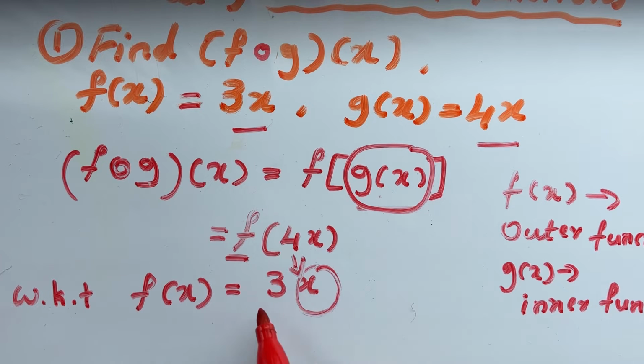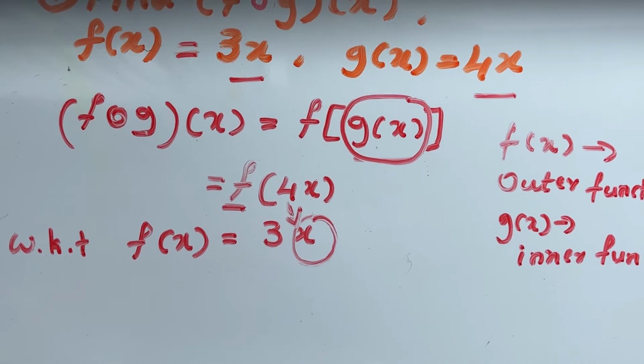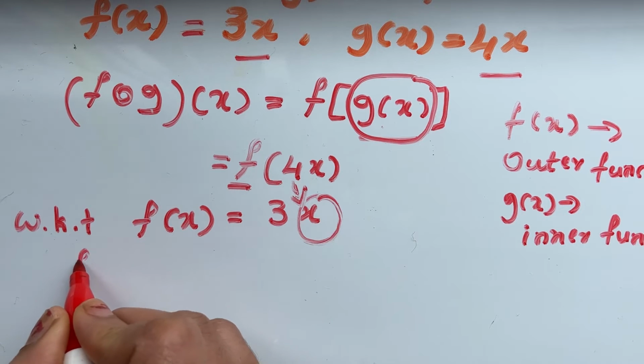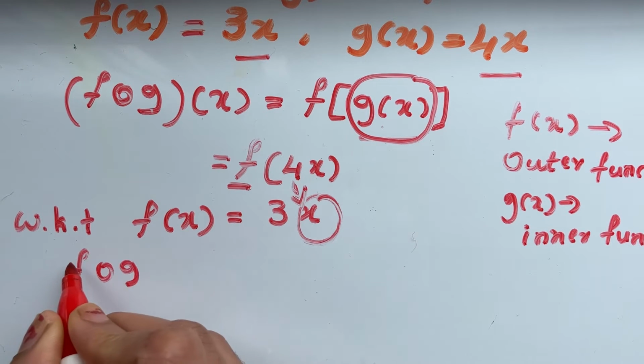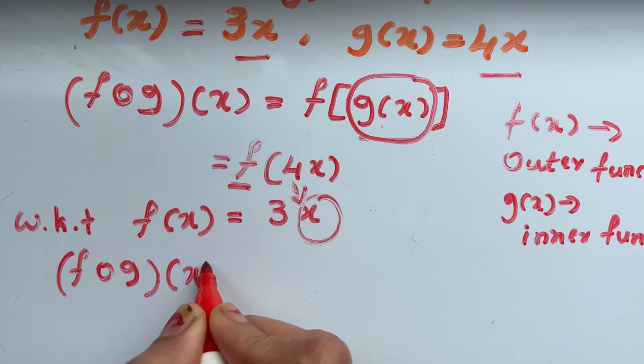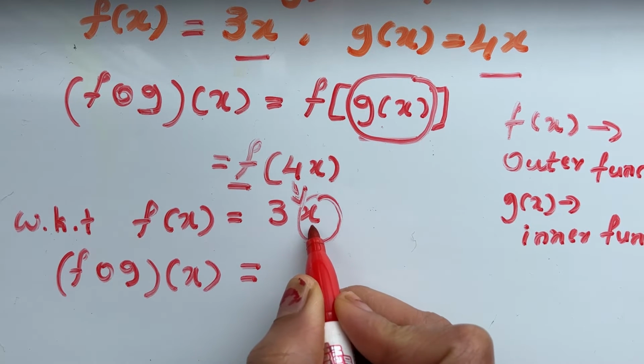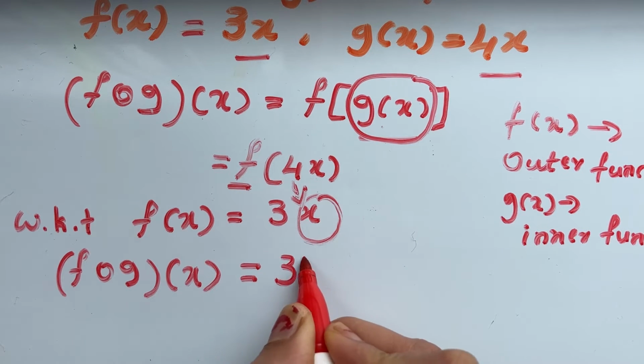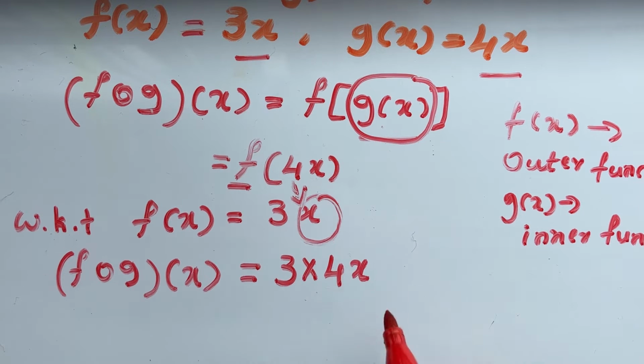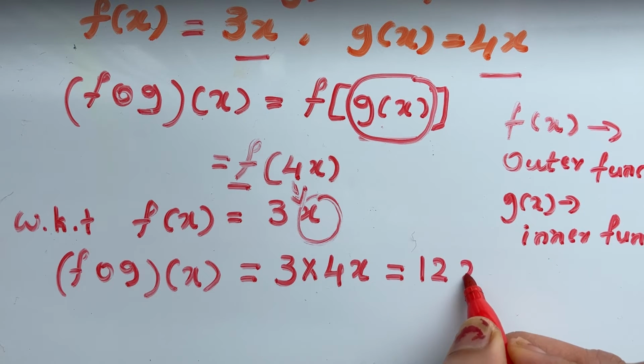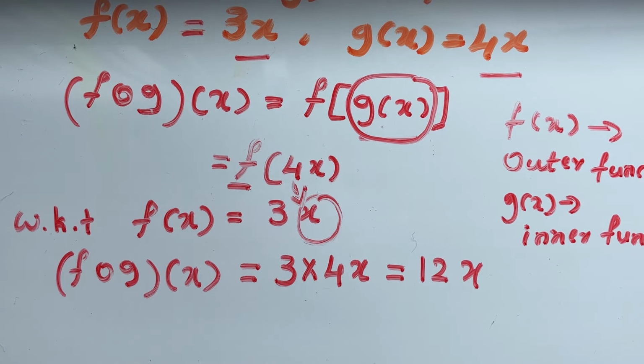Now f of x is 3x, and in place of x we replace 4x, which is equal to 12x. So f composition g of x is 12x.